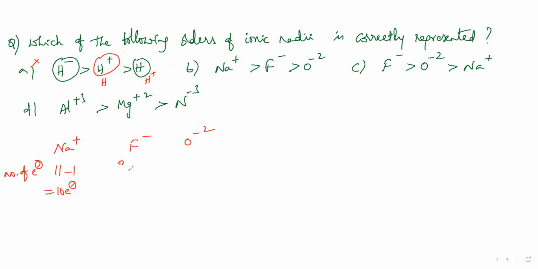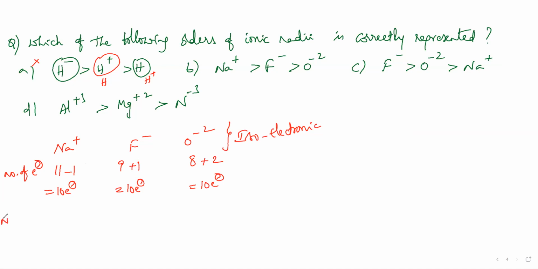F minus, fluorine has 9, negative sign indicates addition of 1 electron, so here also you get 10 electrons. Oxygen actually has 8 electrons, but negative 2 means addition of 2 more electrons, that is 10 electrons. So all of them have the same number of electrons. These are called, as we discussed yesterday, isoelectronic. They all have the same number of electrons.